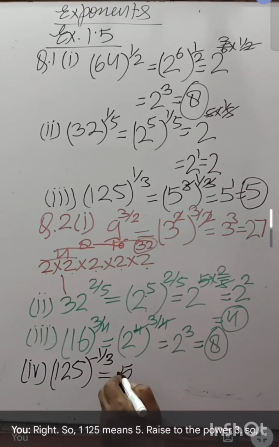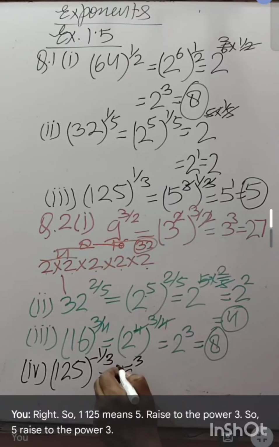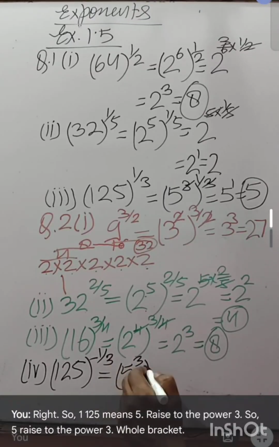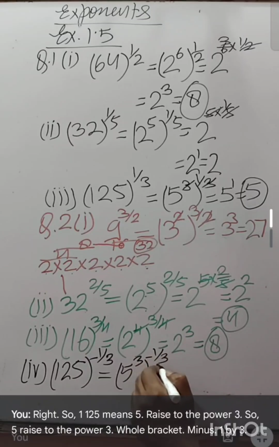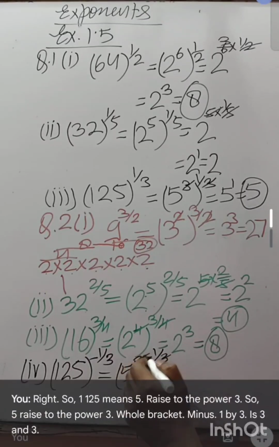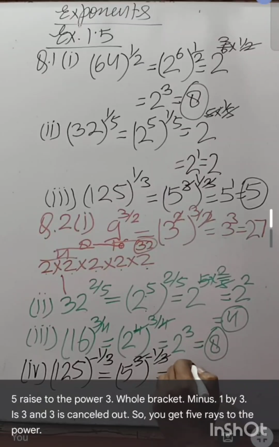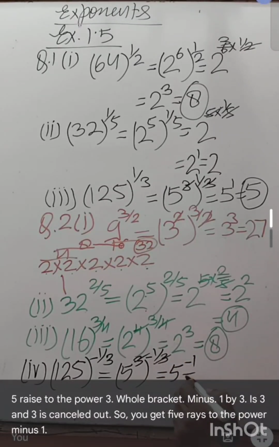So 5 raised to the power 3 whole bracket minus 1 by 3. This 3 and 3 is cancelled out. So you get 5 raised to the power minus 1, or we can write 1 upon 5.